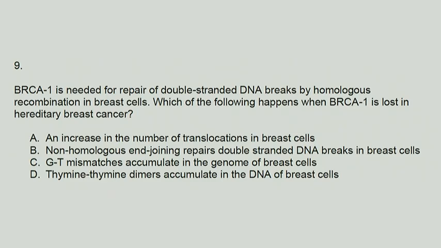Yes. Strong UV damage, different types of chemicals that will get in there and actually cross-link your DNA together, make two thymines cross-link to each other. Okay, so this one is A and B.